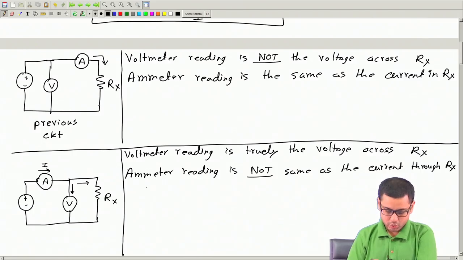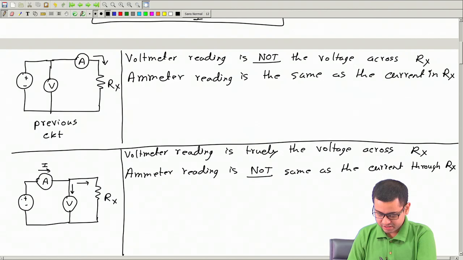Okay, so in this circuit the ammeter reading is exactly what we want, but the voltmeter reading is not what we want. In this circuit the voltmeter reading is exactly what we want, but the ammeter reading is not. So neither of these circuits is perfect.